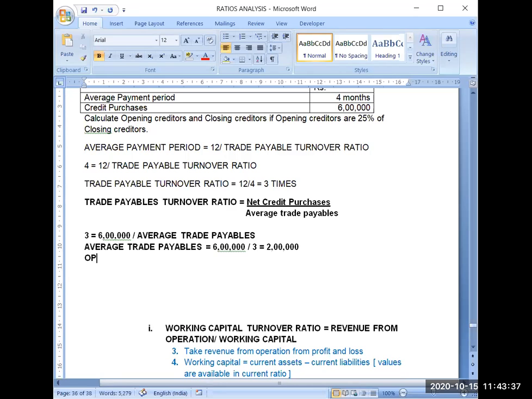It is opening trade payables plus closing trade payables divided by 2 is equal to 2 lakh.